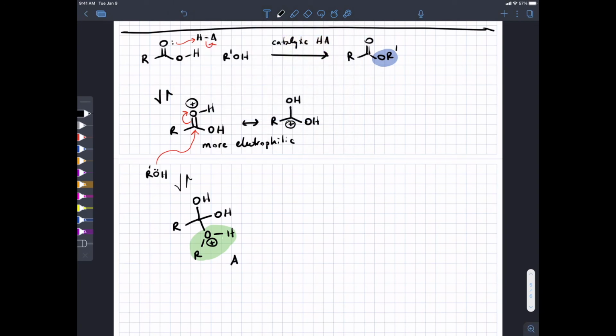Fortunately, we have the conjugate base of our acid to assist in this process, so we'll remove a proton here. That takes us to an intermediate where no one is a good leaving group.